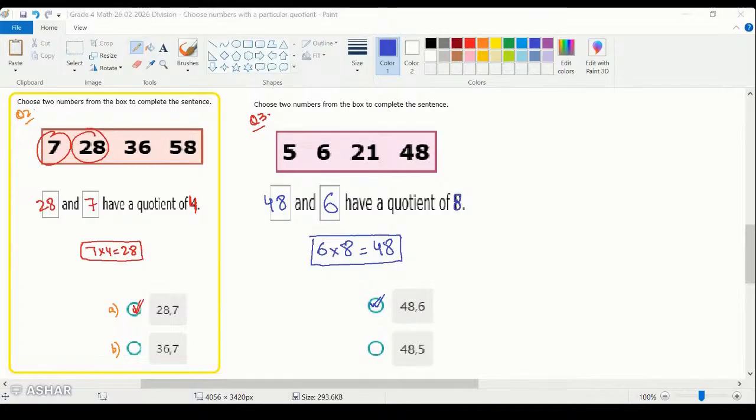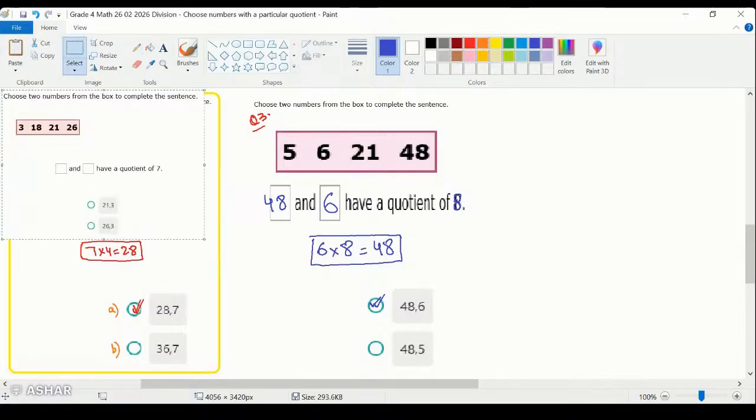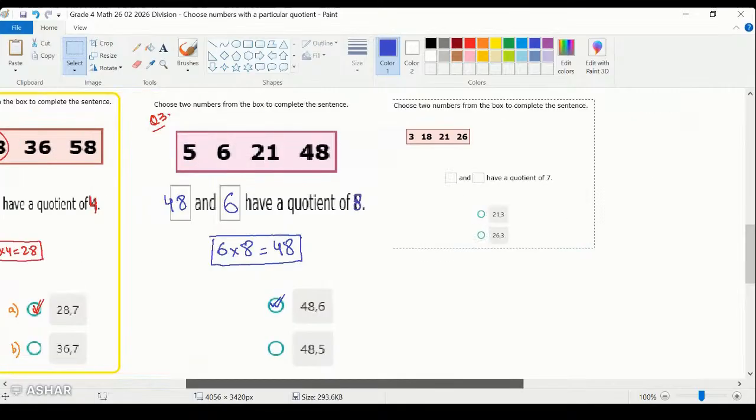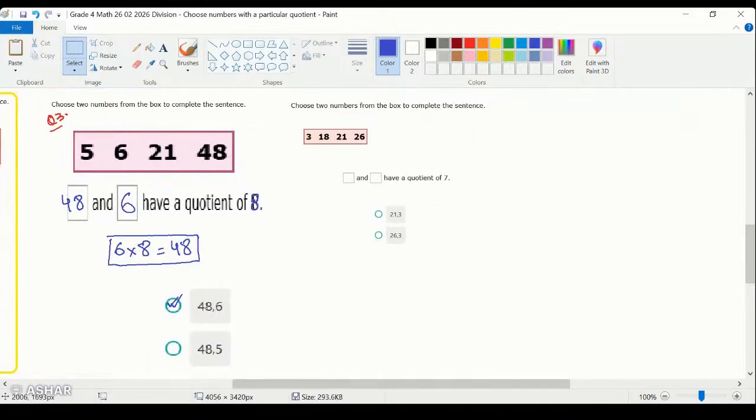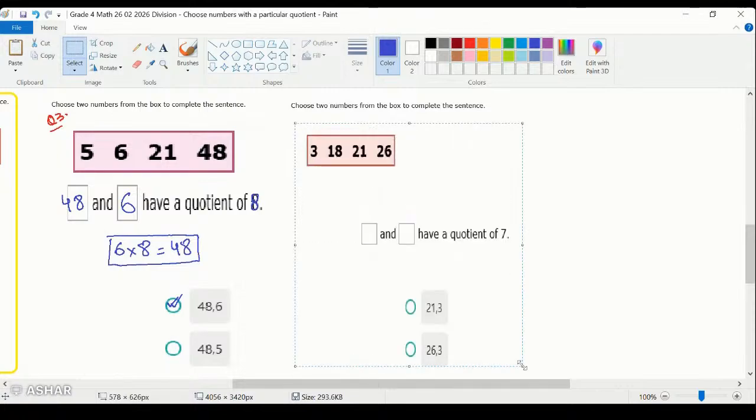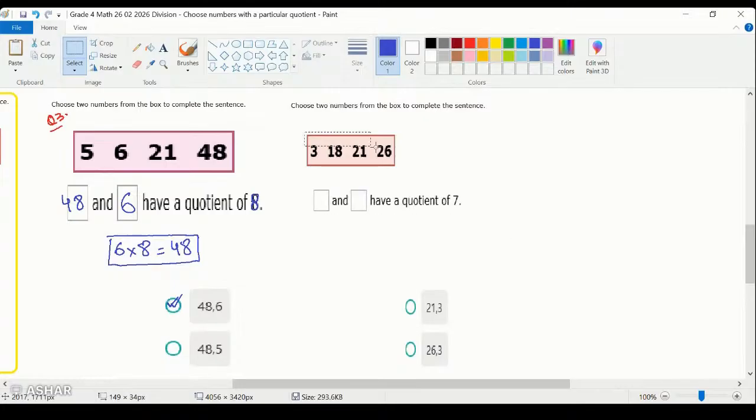Let's try one more question. Choose the numbers from the box to complete the sentence. These are the numbers that have been given to us. Which two numbers have a quotient of 7?